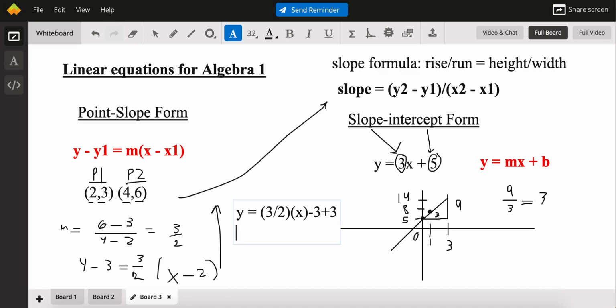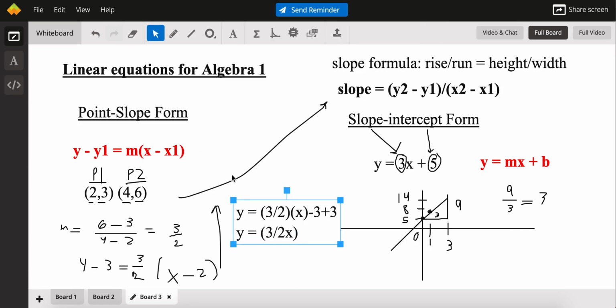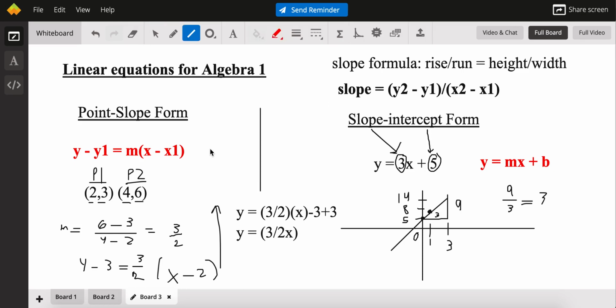So those 3's cancel, and you get y equals 3 halves x. That's your line, right? You see that there b is 0 because there is no plus constant at the end.